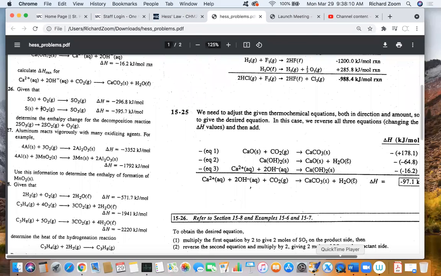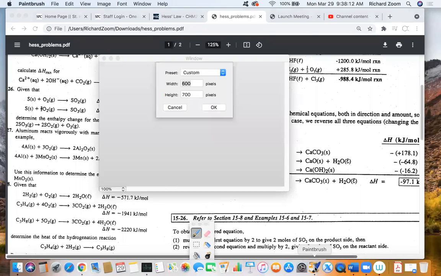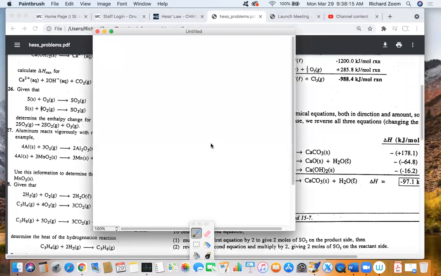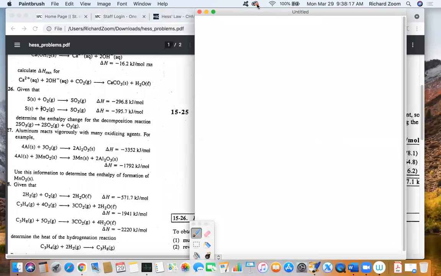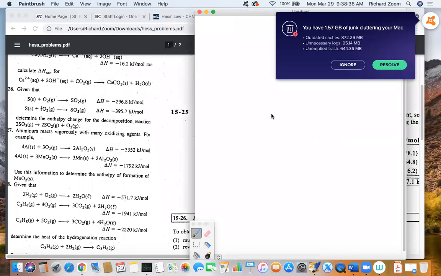Now, there's two rules that we need to go with here when we're looking at Hess's law. Now, I know that you've all done college algebra, right? You had to do it to get to this course. And in college algebra, or even probably pre-algebra, you dealt with systems of equations, right?